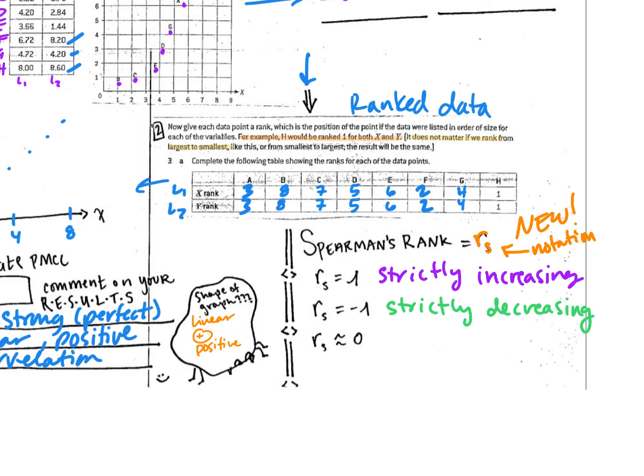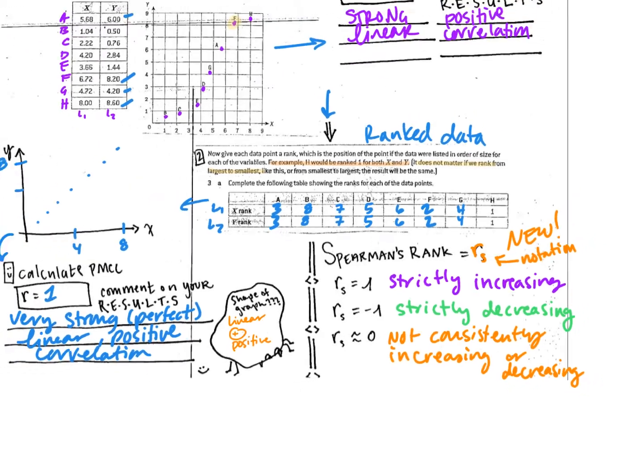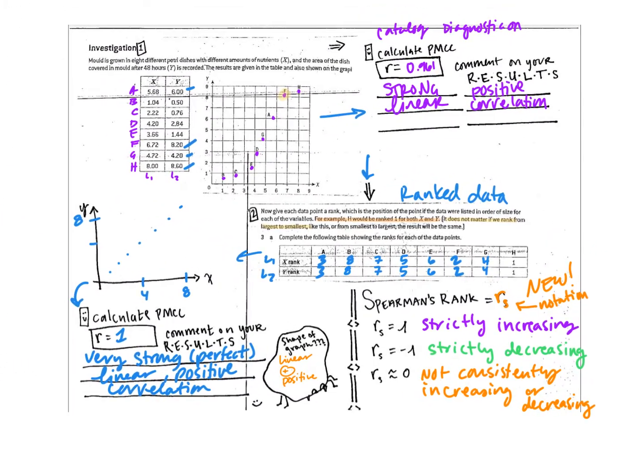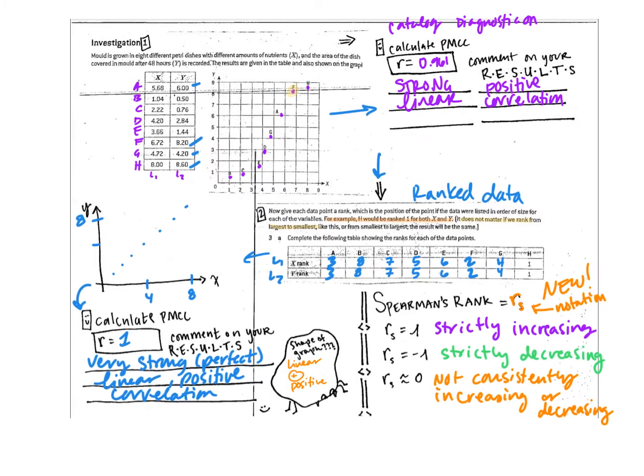If it's 0, rather, excuse me, it means that it's not consistently increasing or decreasing. Generally, we'll look at data in these examples that are closer to 1, if I'm remembering correctly. Okay, I think that's everything from the first page.